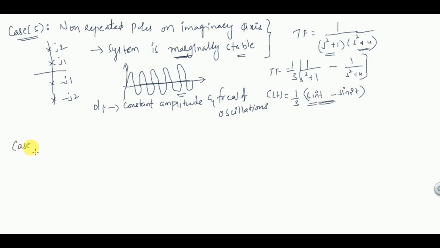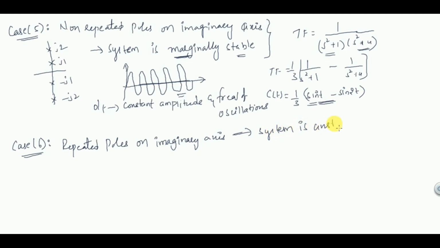Case 6, the last case, when there are repeated poles on the imaginary axis. Then the system is unstable.